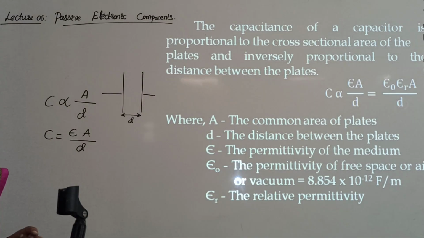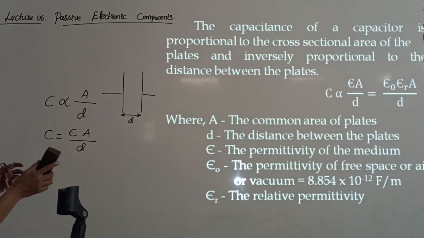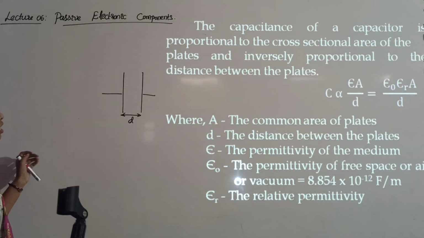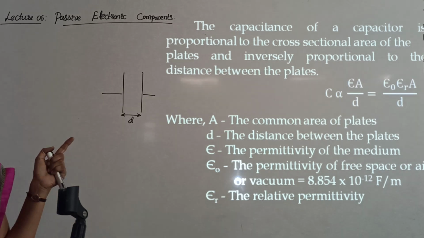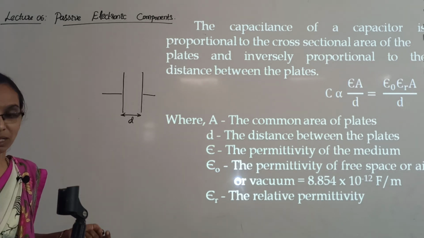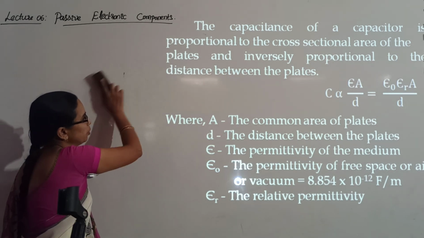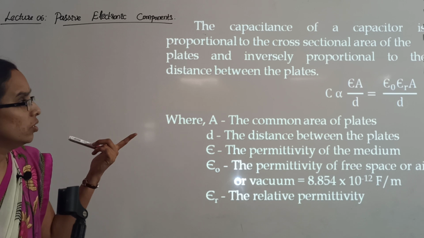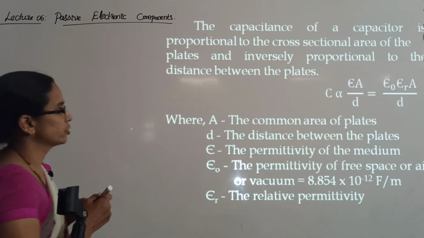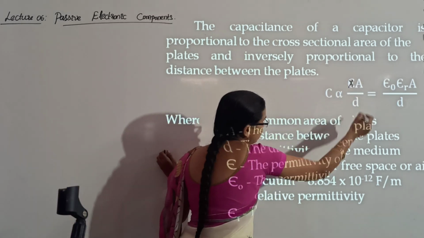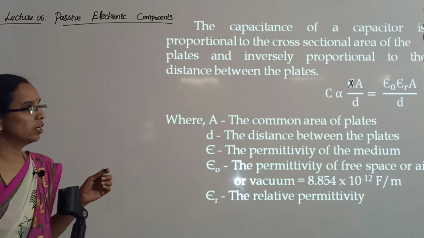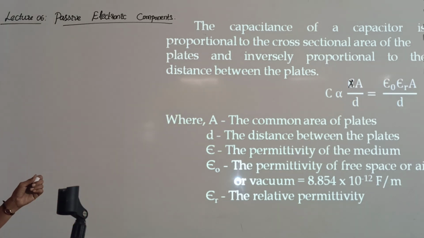Capacitance of a capacitor is proportional to the cross-sectional area of the plate and inversely proportional to the distance between the plates. It's already there in the PPT. C is proportional to A by D. C is equal to epsilon naught epsilon R A by D.